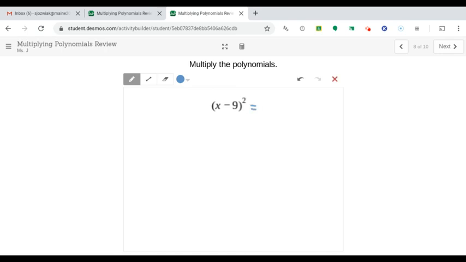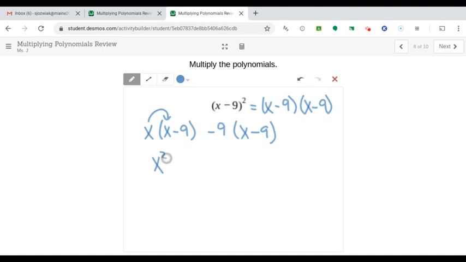This one we have to remember that if we have something squared, we have to take it and write it twice. So this is really x minus 9 times x minus 9. So we're going to do x minus 9, and then we're going to do x minus 9 here, and x minus 9 here, and we're going to distribute.